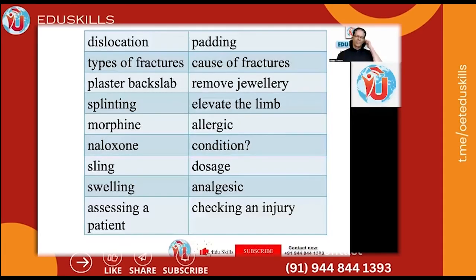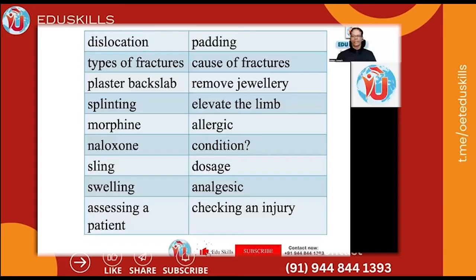Swelling, assessment and management. Padding, procedure. Cause of fractures. Remove jewelry, assessment. Elevate the limb, bandage, assessment management. Allergic, treatment, medication? Yes, it is not medication, it's assessment management.